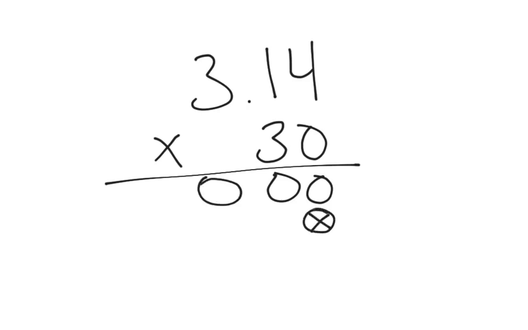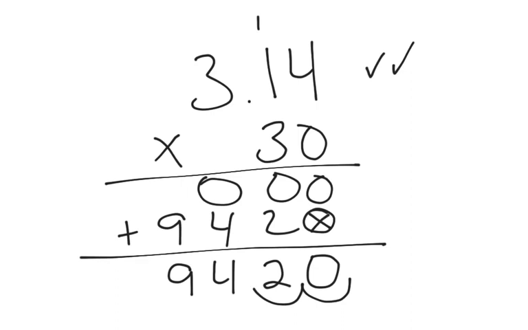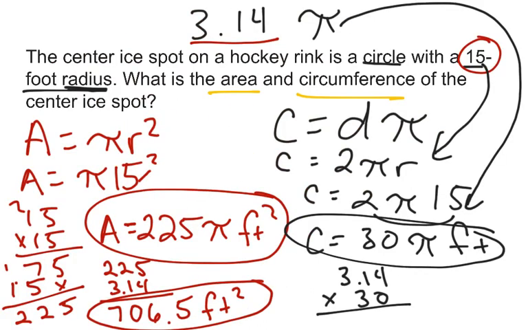Hold my spot with a 0 or an X. Then we have 4 times 3, which is 12. 3 times 1, 3, plus 1 is 4. And 3 times 3 is 9. Add them together, and I get 9,420. But I need to remember to move my decimal twice. So my circumference is 94.2 feet. And it's not square feet because it's the circumference. So I hope that helps you with your homework.